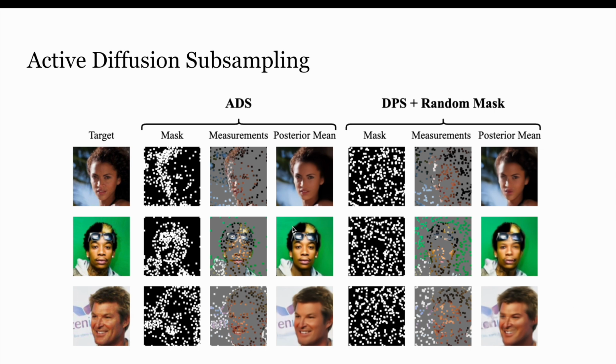For example, around the hair, where there's a large difference in color and brightness between the hair and the background, this results in high entropy in our entropy model. Compare that with diffusion posterior sampling with random masks, where we see that it often misses important locations. That can result in uncertainty around those locations, which you can see as blur here, since we've plotted the posterior mean to give some indication of all the different posterior samples you would get if you took K samples from diffusion posterior sampling.